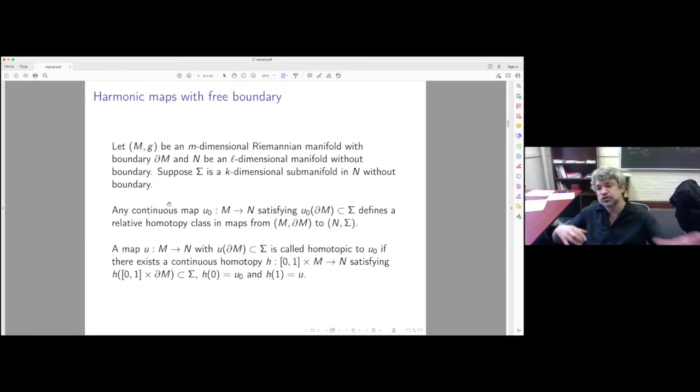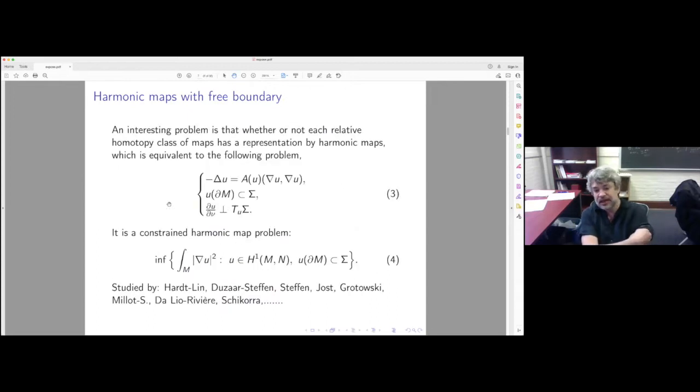Now, in the same way as in the case of harmonic maps, because I don't have a Dirichlet problem, I have to identify harmonic maps to homotopy classes. So here, since you have a boundary, you look at relative homotopy classes.